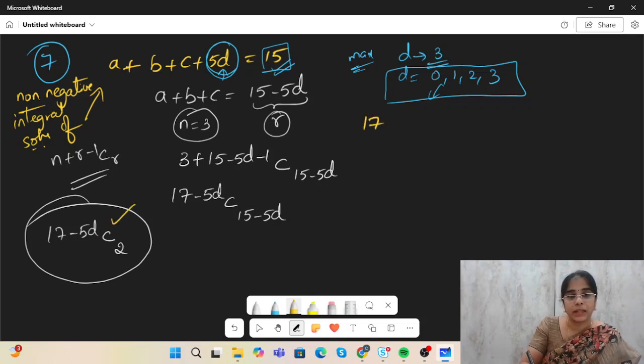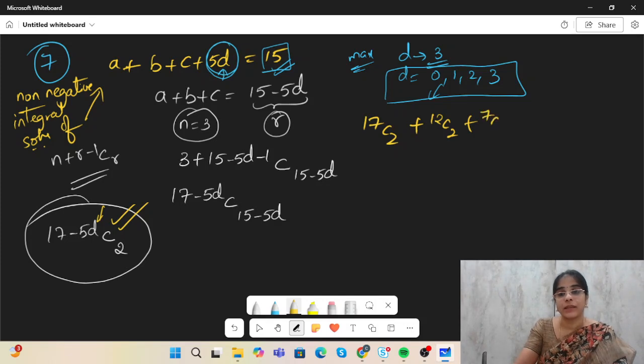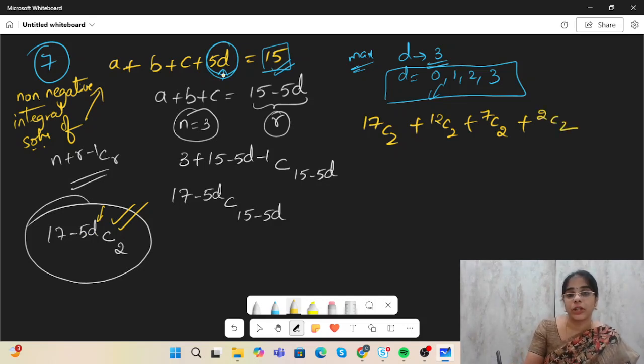Apply in this 17 minus 5d: 17C2, or in the sense addition. Next, d equal to 1: 17 minus 5, which is 12C2. Or apply 2 in d: 17 minus 10, which is 7C2. Or apply 3: 5 times 3 is 15, that is 17 minus 15, that is your 2C2. Now your answer will be the sum of all these, right?